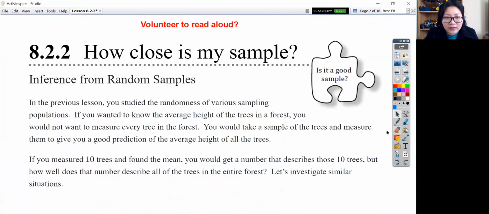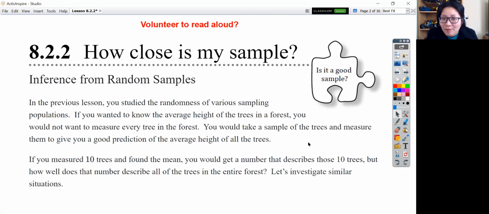So the lesson today, how close is my sample? Inference from random samples. In the previous lesson, you studied the randomness of various sampling populations. So if you wanted to know the average height of the trees in a forest, you would not want to measure every tree in the forest. It takes forever to do so.